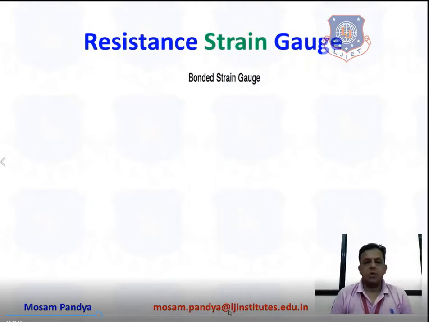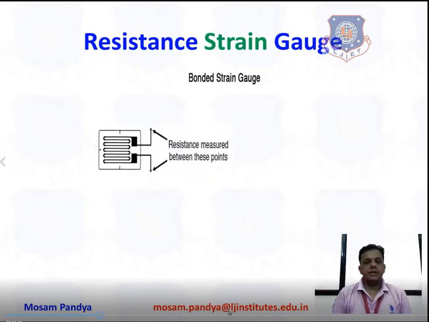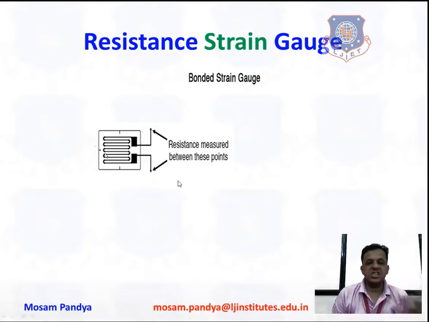So let us see first of all bonded strain gauge, where a thin wire is fixed on the structure with adhesive, and the application of force will change the resistance of this, and these 2 points shall be connected across our well-known Wheatstone bridge, which will sense the change in the resistance.